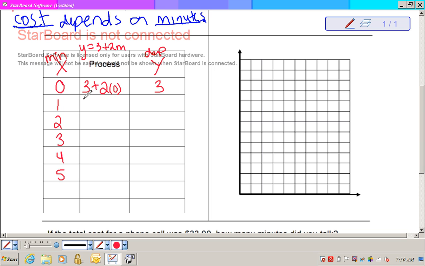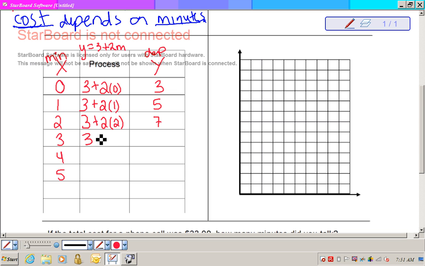For 1 minute, I'm going to pay the $3 to connect plus 2 times 1 minute. 2 times 1 is 2, so 3 plus 2 is 5. The second one, $3 plus 2 minutes: $2 times 2 minutes is 4, and 4 plus the 3 is 7.